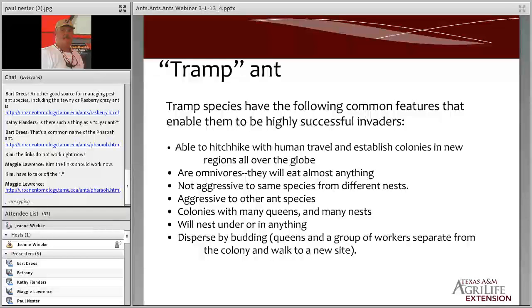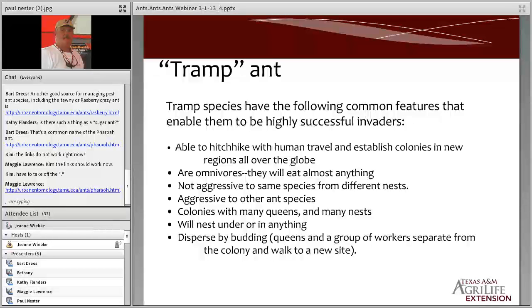They're not aggressive to the same species from different nests. So Argentine ants are not aggressive to Argentine ants. Tawny crazy ants are not aggressive to tawny crazy ants. In Texas, because we have multiple queen fire ants in many of the mounds, a lot of times the fire ants are not aggressive to other fire ants in an area. But these species are aggressive to other ant species.